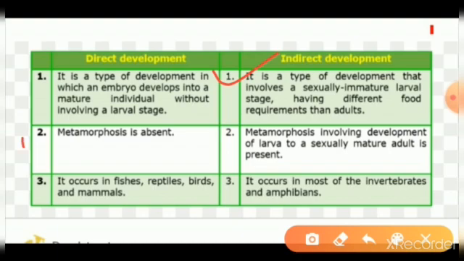In case of direct development, metamorphosis is absent, whereas in case of indirect development, metamorphosis is seen. Direct development takes place in fishes, reptiles, birds and mammals, whereas indirect development takes place in most of the invertebrates and in amphibians.